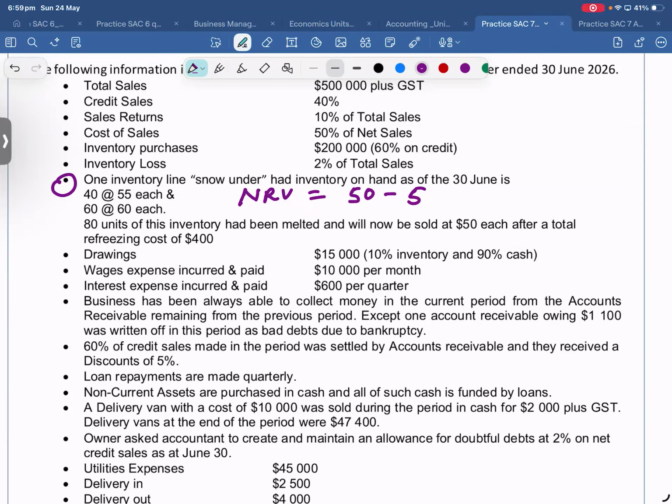Again 40, which is 600. So then total inventory write down is how much? 1000. Okay. Everybody got it? Yeah. Good. Yeah, inventory write down.